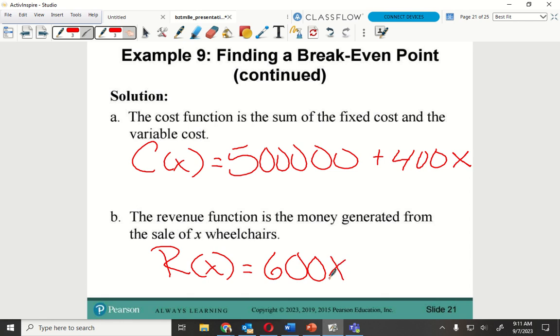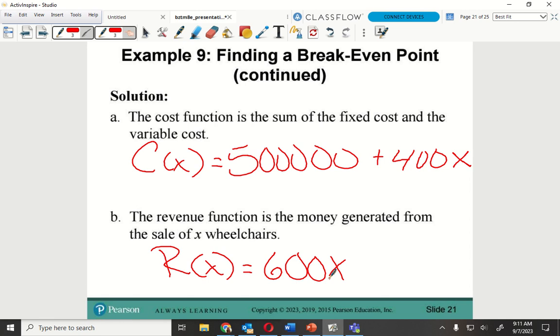So if you think about this, if I make one wheelchair, that would cost me $400 to make, and I would sell it for $600, right? So would I have a profit there? I would.